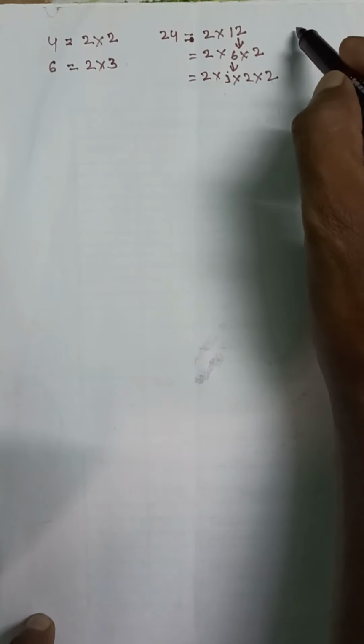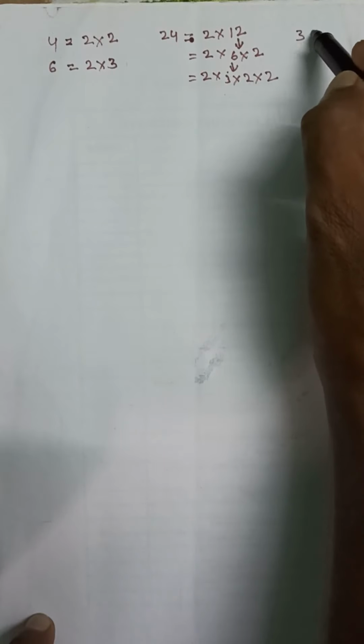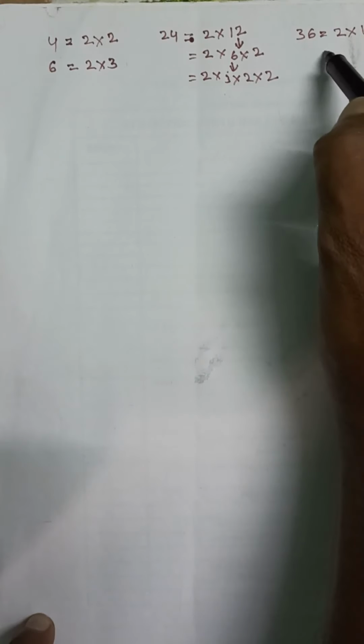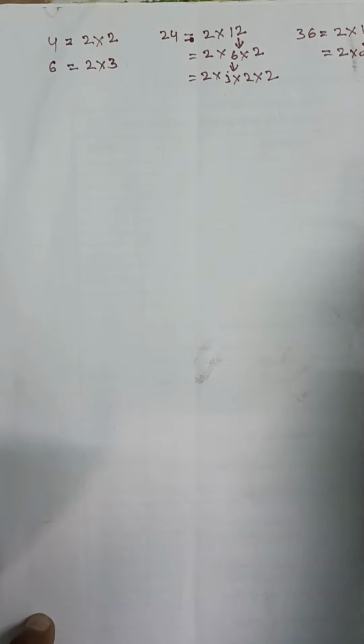Again, suppose 36 is here. 36 can be written as 2 into 18. Again this 18 can be written as 2 into 9, so this is 2 into 2 into 9, and again this 9 can be written as 3 into 3.